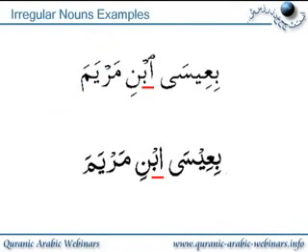Okay, the next one is just some examples from the Quran with these irregular nouns. Now in the first one here we've got effectively the ibn, the noun. Don't worry, it's got a kasra, etc. That's all grammar.